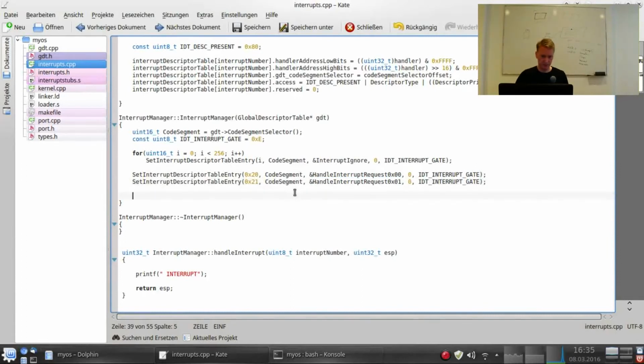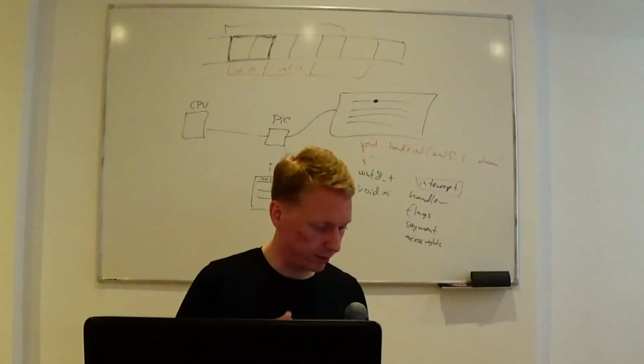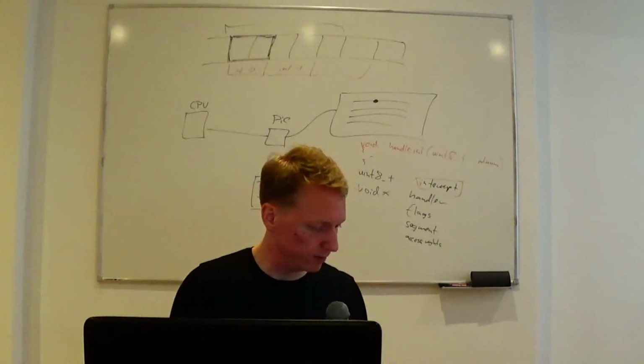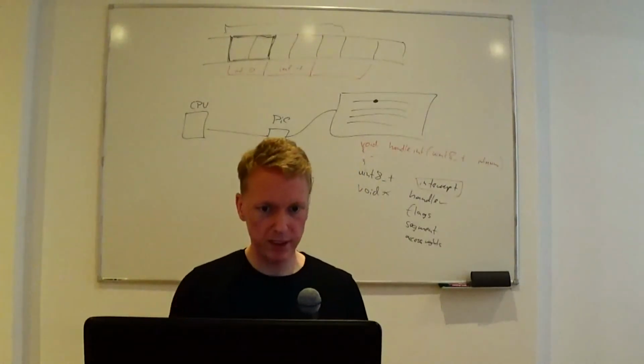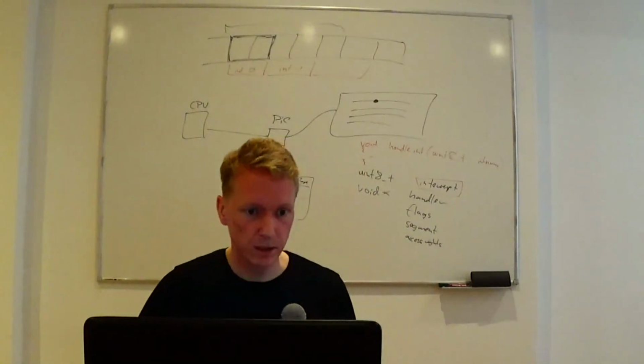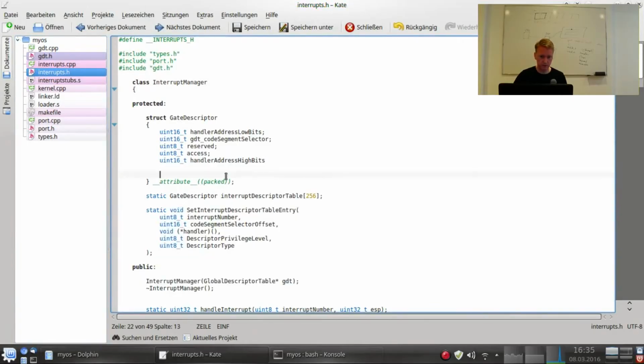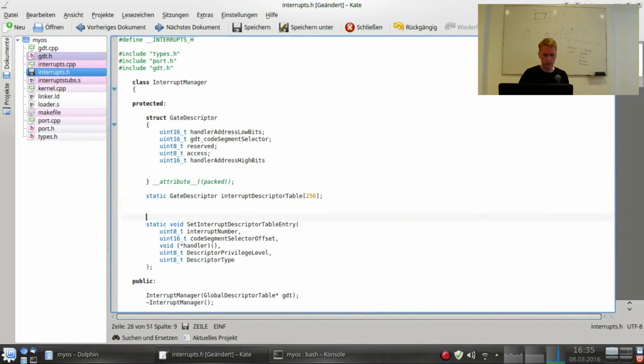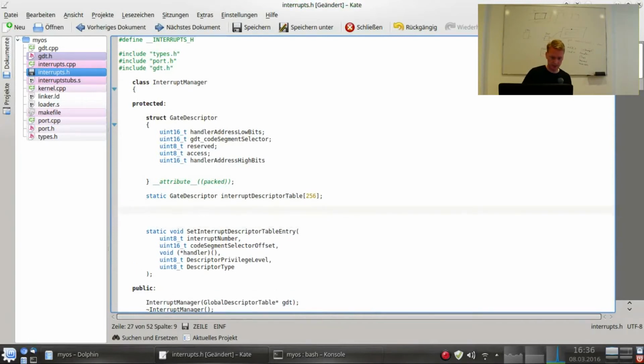So this sets the interrupt descriptor table, and now we need to tell the processor to use this. So what I'll do is here I will have another nested structure.